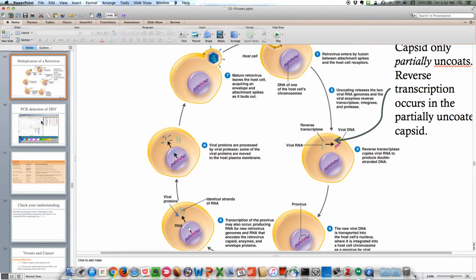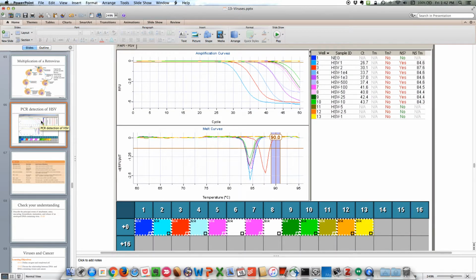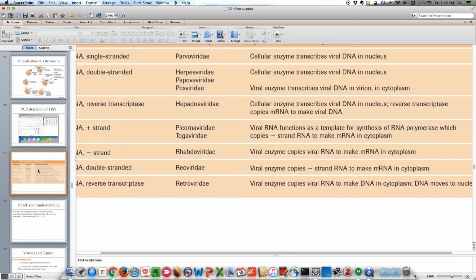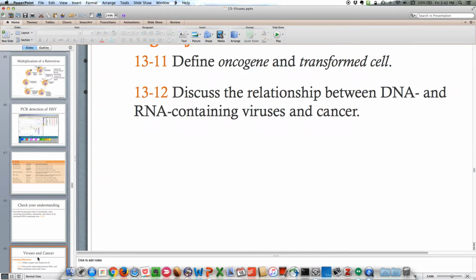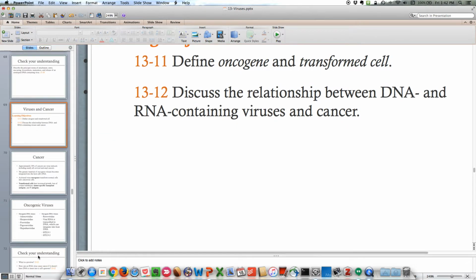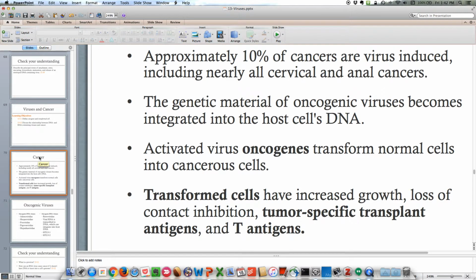We use the reverse transcriptase to reverse transcribe Zika virus RNA genomes into DNA complementary strands that we can then amplify up with our PCR reactions. So this is just a nice summary of what we just discussed, and so I recommend that you review this and be able to understand the differences between the different types of virus replication.